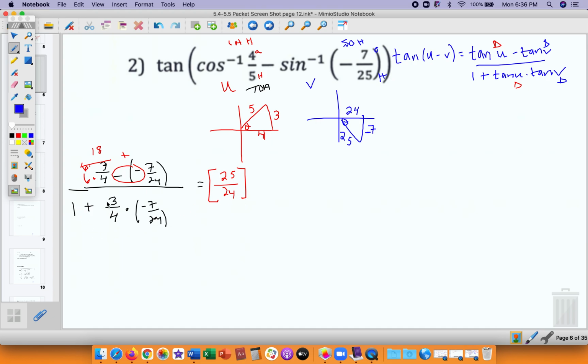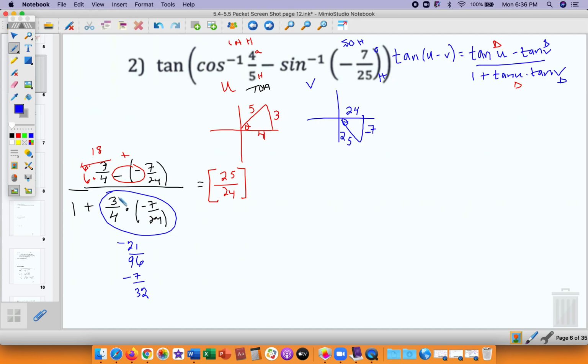So in our denominator, we first need to multiply these, right? Order of operations. So if we did negative 7 times 3 over 4 times 24, we would get negative 21 over 96, which would simplify to negative 7 over 32.